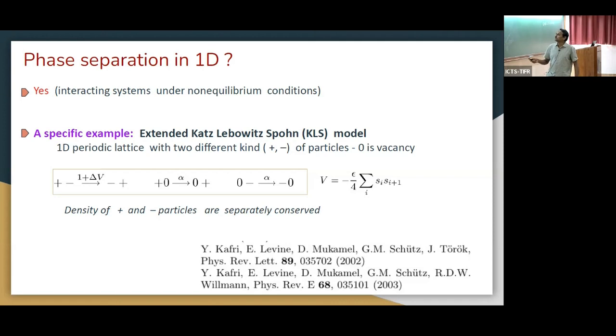The plus particle moves to the right with rate alpha, and the minus particle moves to the left with rate alpha. Along with this there is the Ising interaction: plus minus can only go to minus plus. Both particle densities are separately conserved. This has been studied in this reference, by Mukamel, Kafri, and many people earlier, and it shows a phase separation transition.